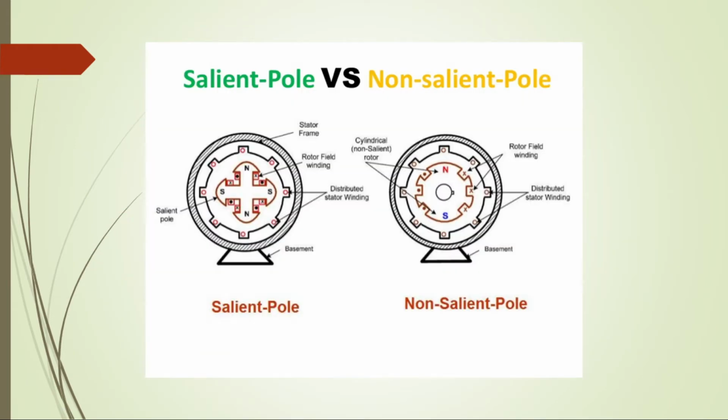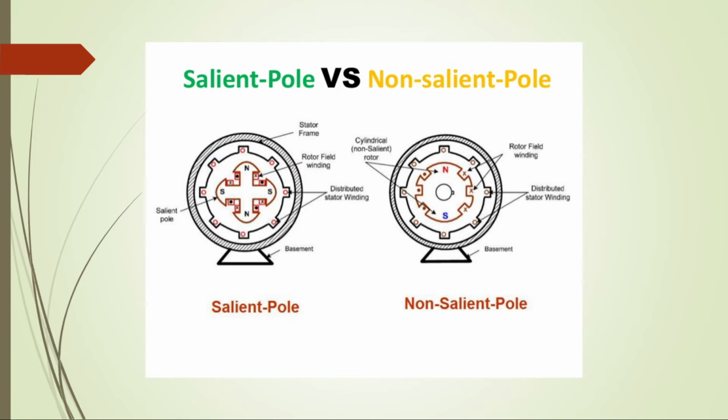So when we see salient pole versus non-salient pole, salient pole will have a larger diameter and short axial length, whereas non-salient will have a smaller diameter and long axial length. Pole shoes will cover 2/3 of pole pitch in salient pole, and poles are laminated in order to reduce eddy current losses, and salient poles are employed with hydraulic turbines or diesel engines.